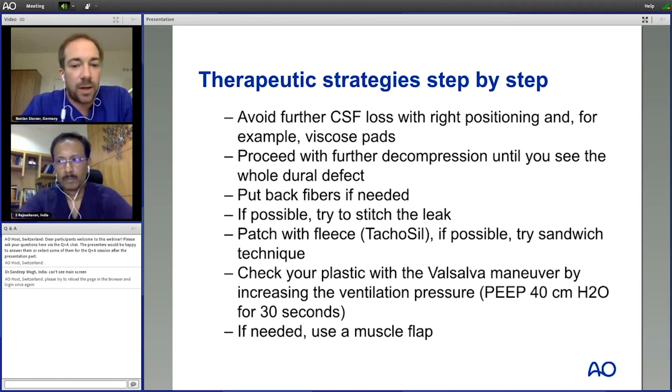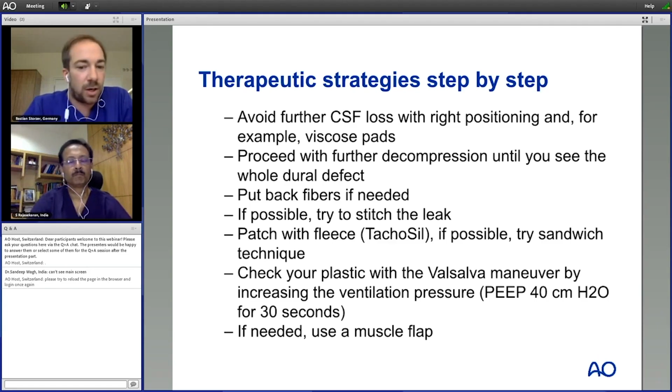If possible, try to stitch the leak. We used Polene as well, 6.0, but now we use Gore-Tex suturing. Then do a patch on top. We use Tachosil normally. Sometimes we use a sandwich technique.